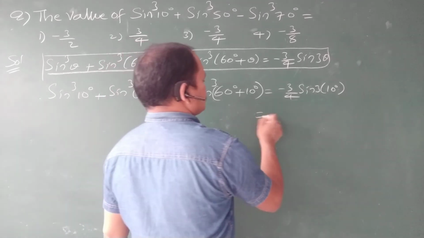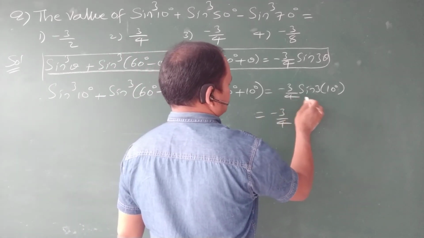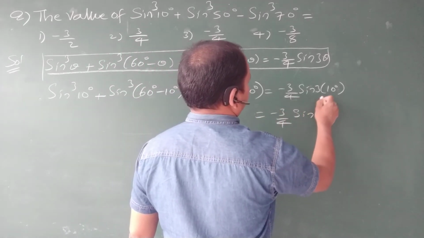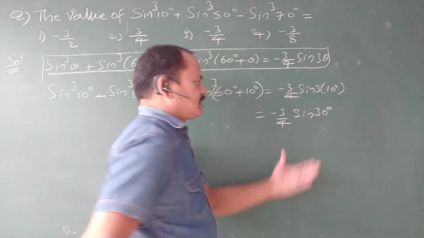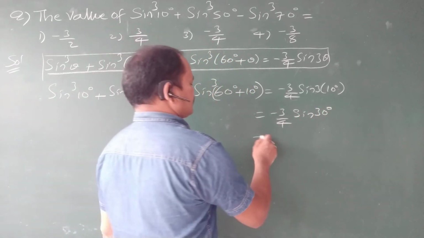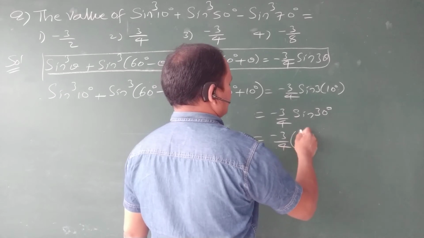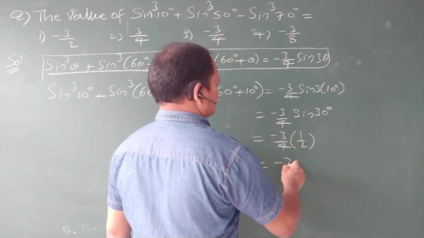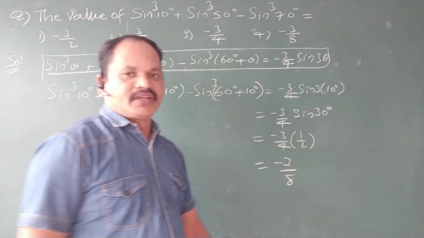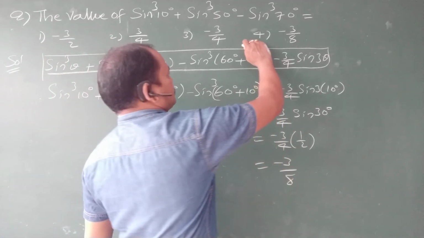That's why minus 3 by 4 times sin 30 degrees. Sin 30 is 1 by 2, so it is minus 3 by 4 into 1 by 2, that is minus 3 by 8. That's why the answer is in the fourth option. That's all.